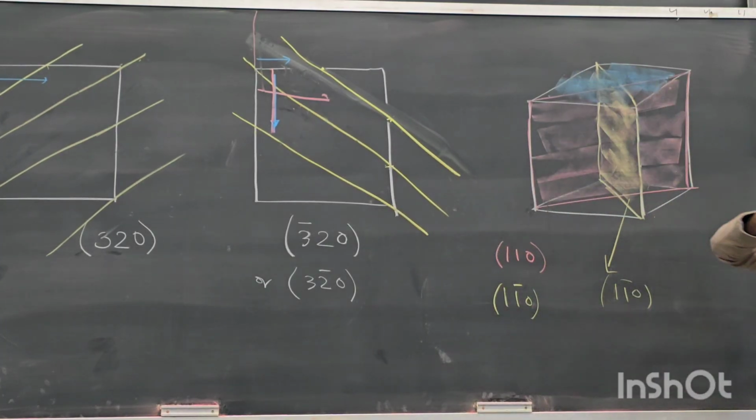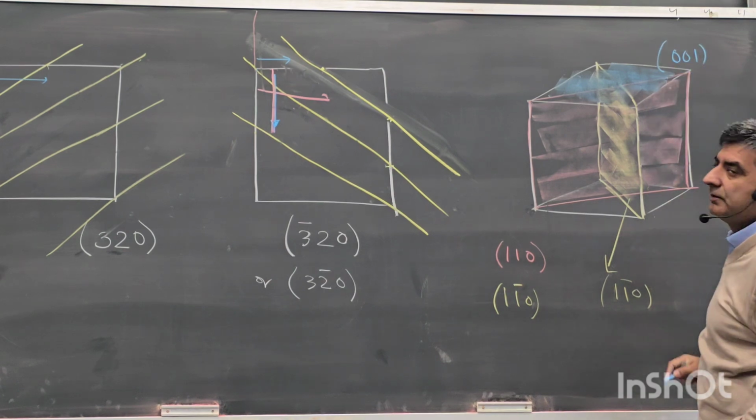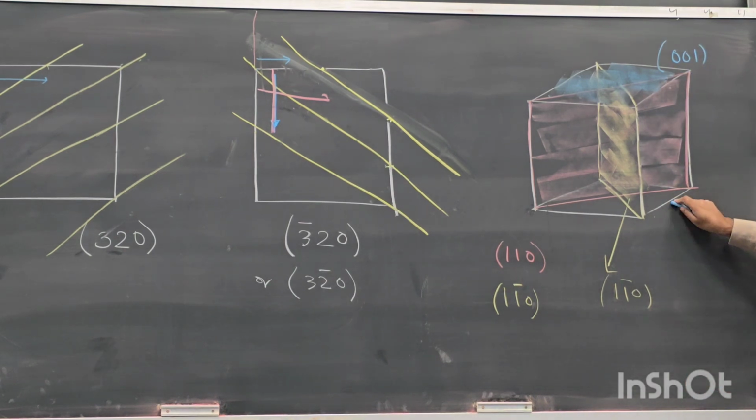What will this plane be at the top? And likewise, all planes that are at the top C faces, 001. This plane could be designated as 001 bar as well, or 001, it doesn't matter, since it's just one non-zero number here.